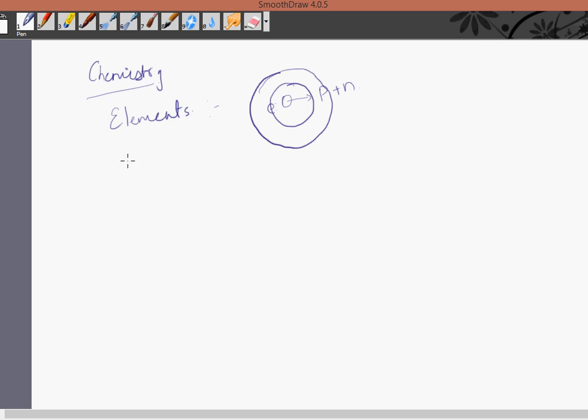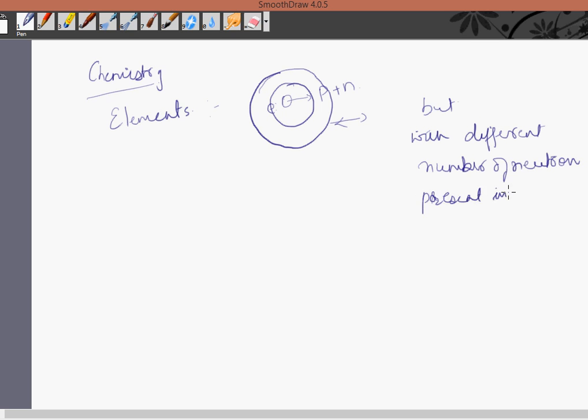If an element in nature has the same structure, the same atom, but with a different number of neutrons present in the nuclei, right?